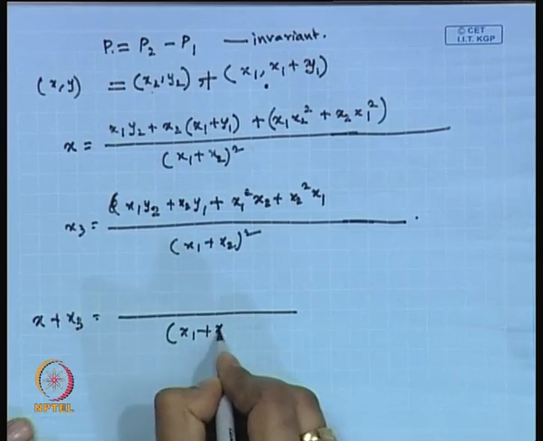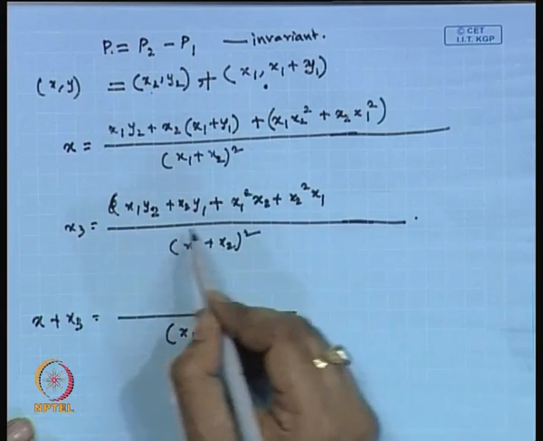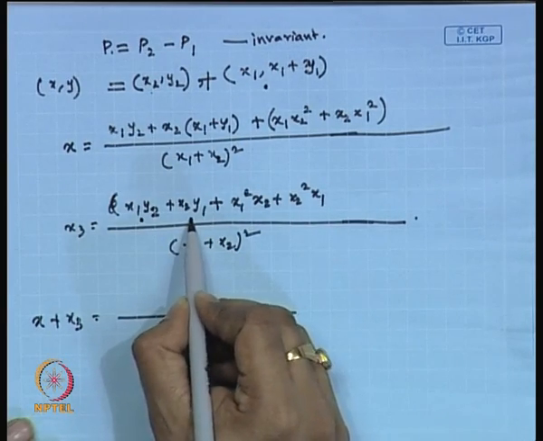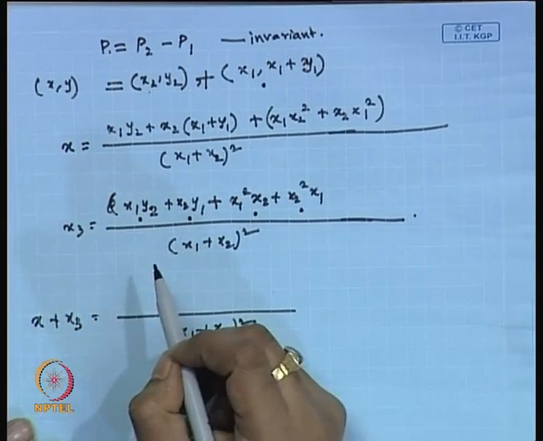(x1 + x2)^2, and in the numerator you will see that x1 y2, x2 y1, x1^2 x2 and x2^2 x1, all of them will cancel.